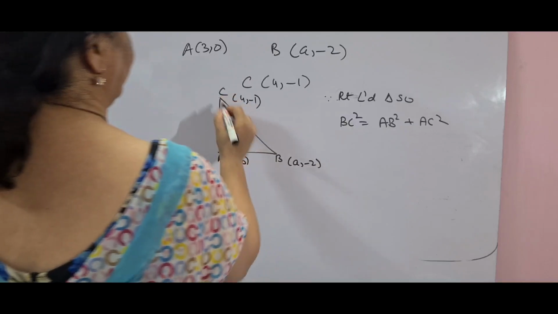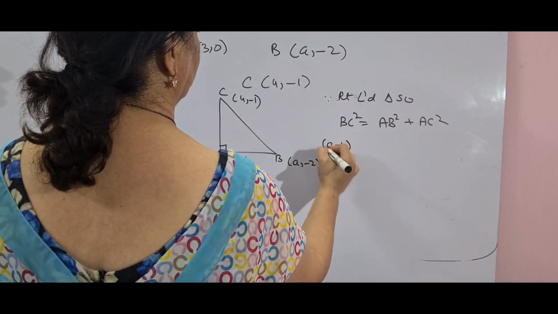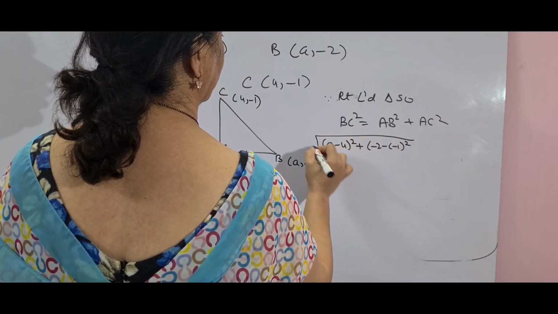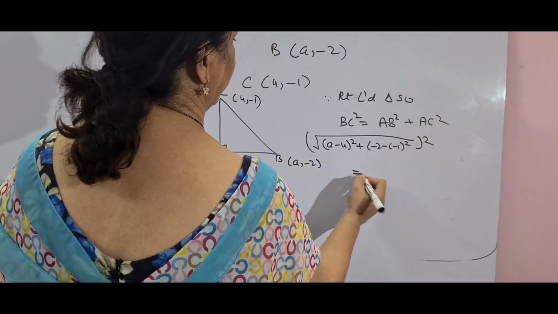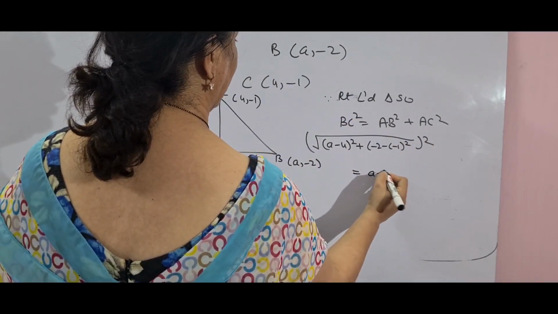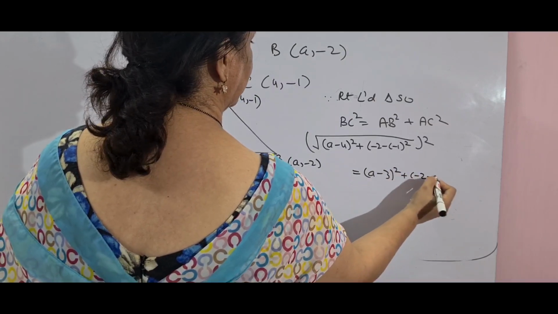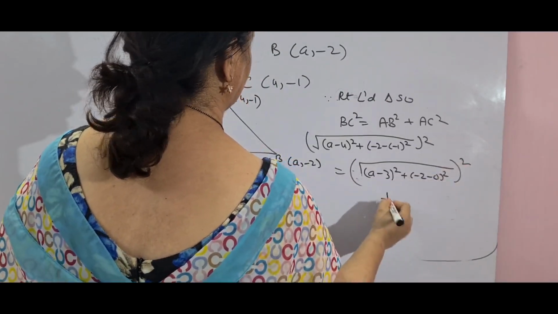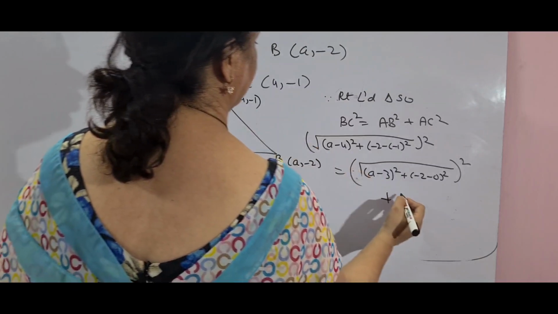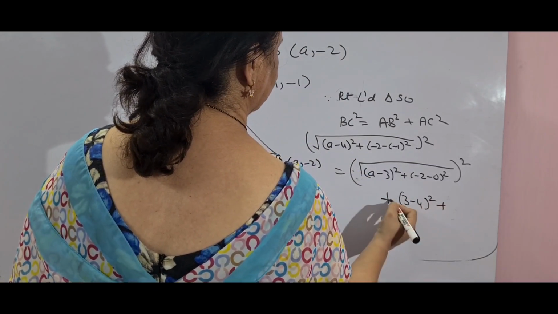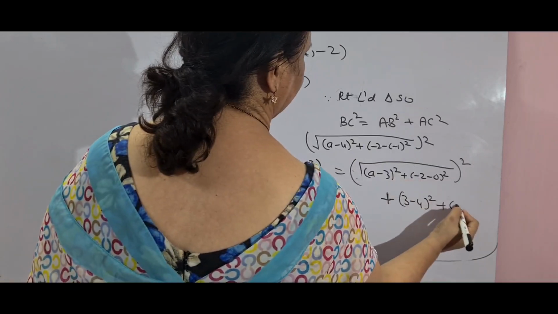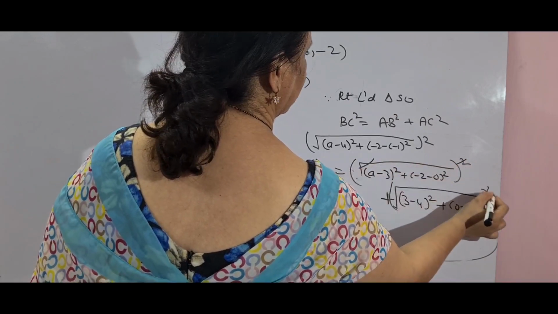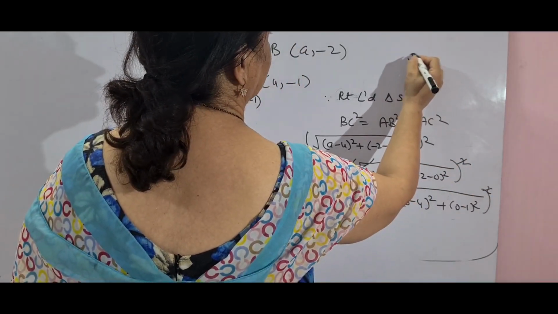Put the formula between BC: A minus 4 whole square plus minus 2 minus minus 1 whole square under the root, whole square, because BC square is equal to AB square, A minus 3 whole square plus minus 2 minus 0 whole square under the root square, plus again AC, 3 minus 4 whole square plus 0 minus minus 1 whole square under the root square. So see, square and root cancel, though you will not cancel like this. You know you have to write square root as power 1 by 2 into 2.